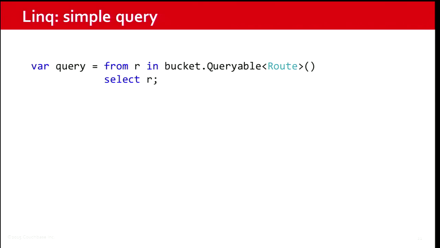When you run a query like this, what this is saying is select all from that bucket, okay? Even though I have a type here for LINQ support so I can do my projection, it actually is going to go through and try to get everything in the bucket. So you're going to end up with a very big response. It probably will not map directly to Route in case you have different types of documents in your bucket.